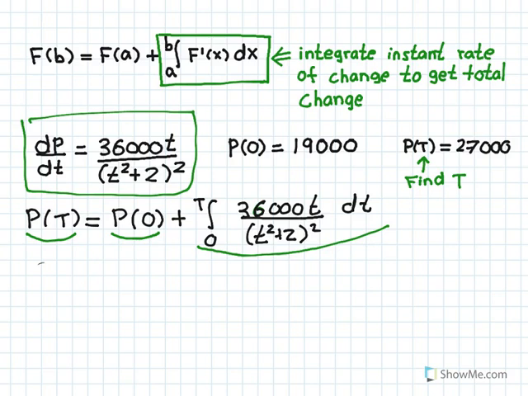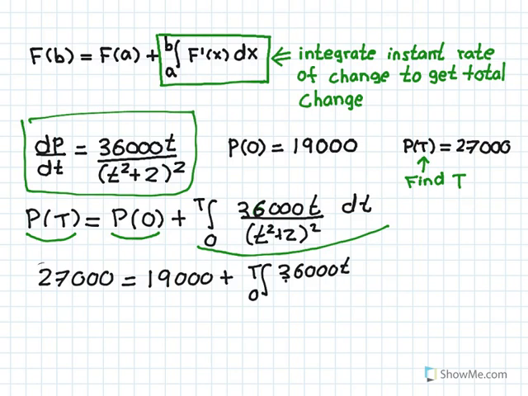P of t is 27,000. Initial population of this town is 19,000, plus integrating the rate of change from 0 to t, 36,000 t divided by t squared plus 2 all squared dt.